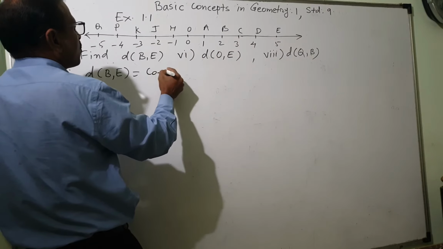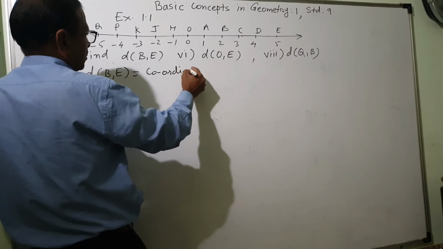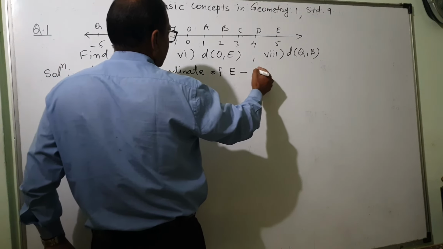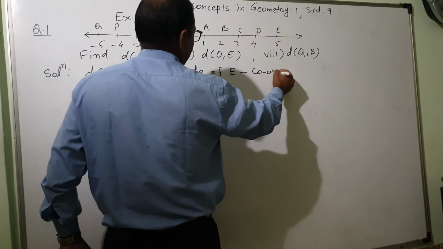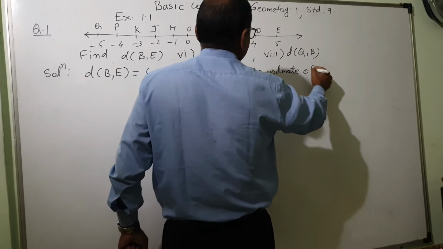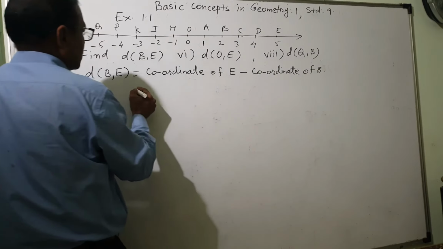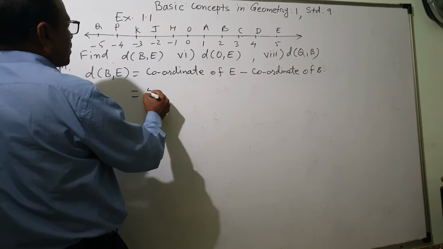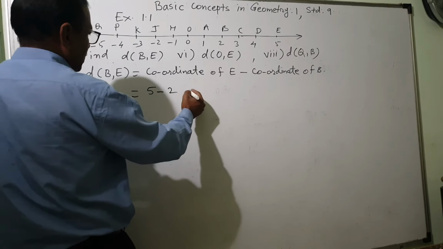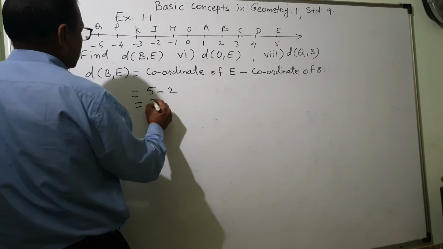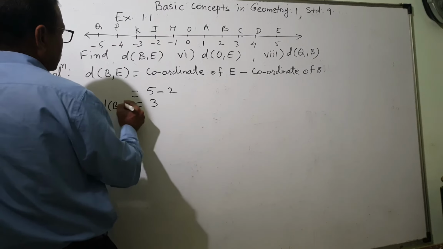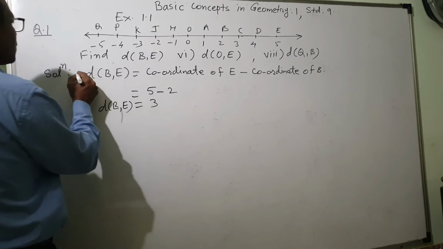You have to write here coordinate of E minus coordinate of B. So that is equal to coordinate of E is 5 minus coordinate of B is 2 and that is equal to 3. So distance BE equal to 3. This was your number 1.